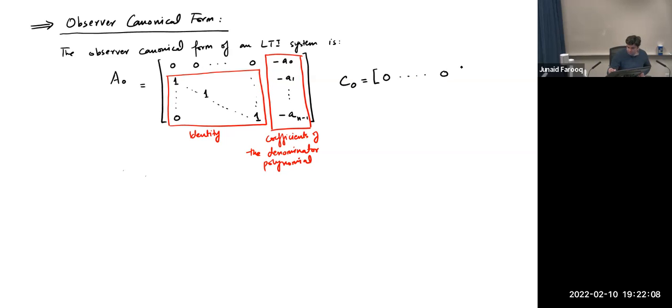So for the observer canonical form, the C matrix will be like this. You will always have a 1 at the end and the rest, everything is 0.